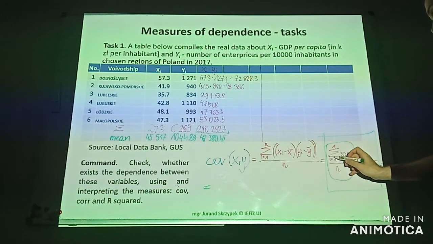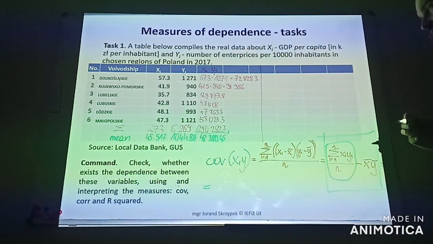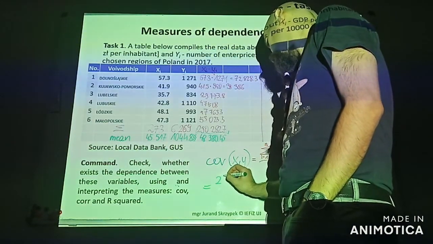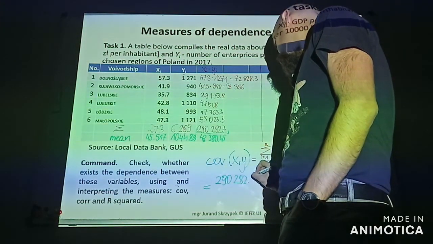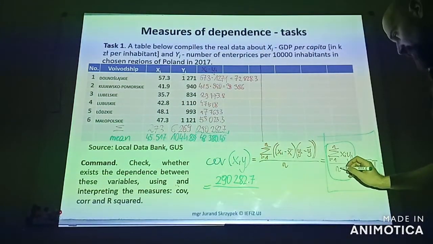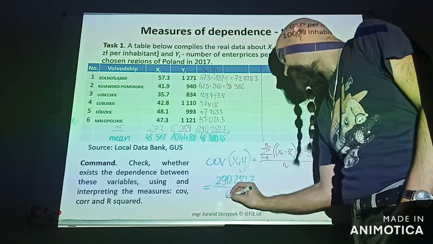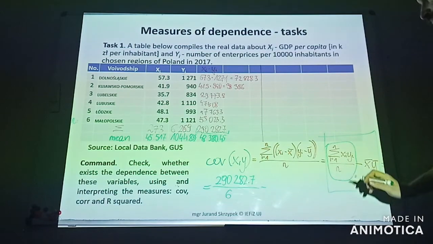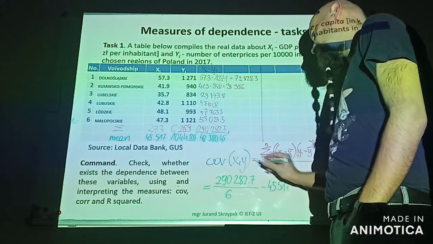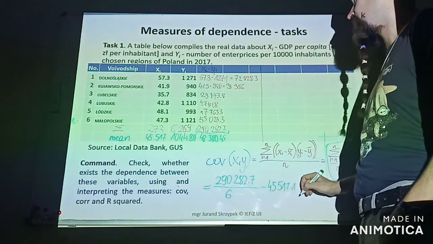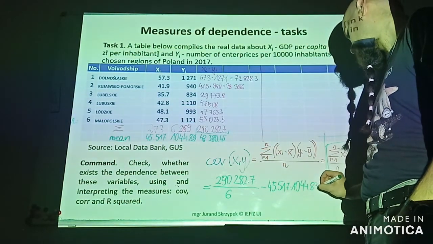Here we have the sum of the products of x and y values. This sum is equal to 290,282.7. I divide this sum by n, the population size. We distinguish 6 regions, so I divide this sum by 6, minus the mean level of x, 45.517, multiplied by the average number of enterprises per 10,000 inhabitants, 1044.833.